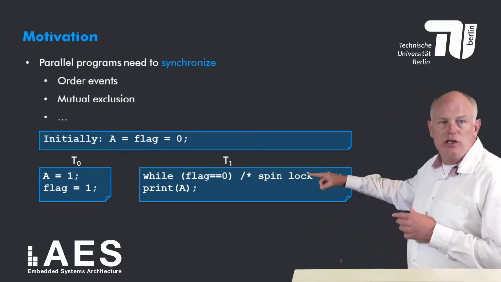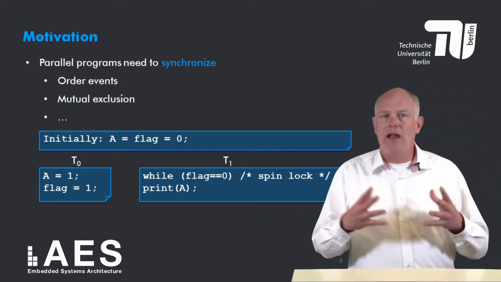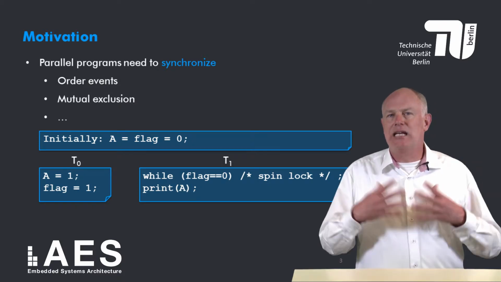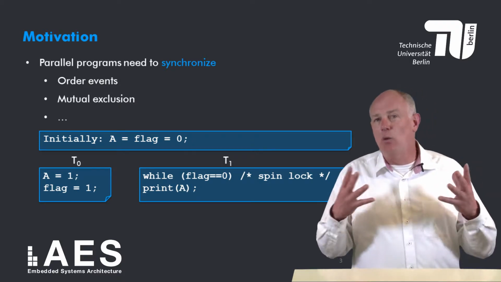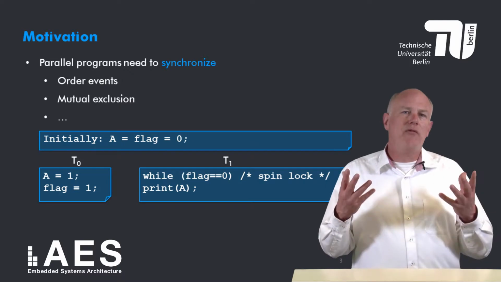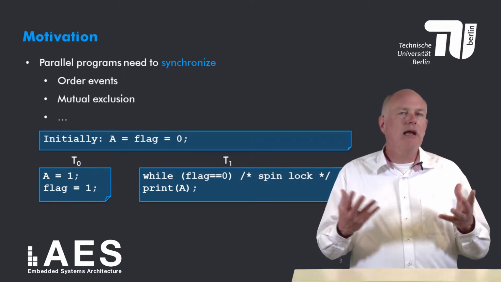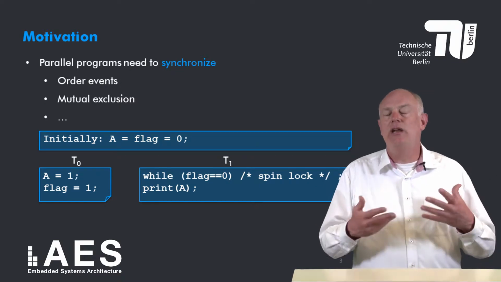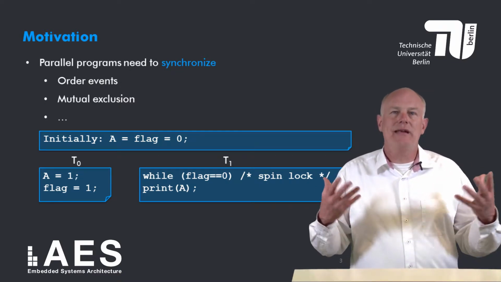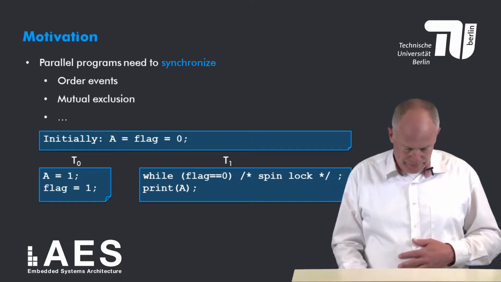Thread T1 does a spin lock on the flag, and as long as the flag is cleared, T1 stays in the loop. When the flag is set, it leaves the loop and prints A. Clearly, the programmer's intention is to print the value 1, albeit in a very complicated way.